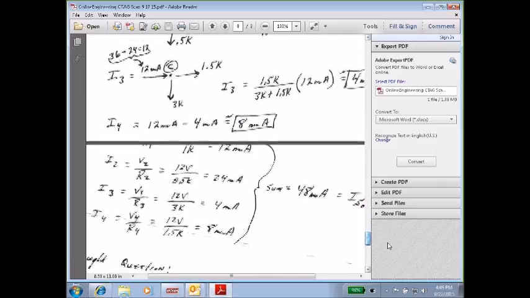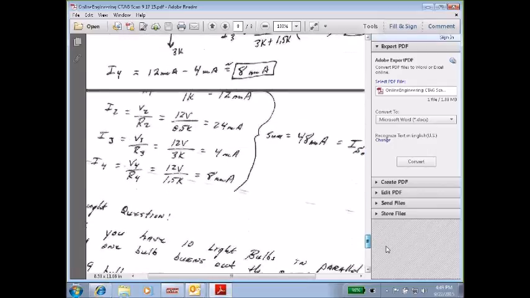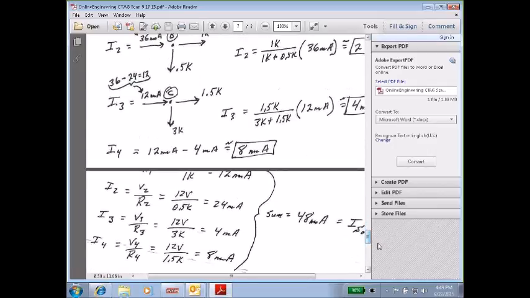Now, to check myself, and this last scan here is, as I went through the scanner, it got twisted just a little bit. The top should say I1 is equal to V1 over R1, and that comes out to be 12 milliamps, because it's 12 volts divided by 1K. I2 is V2 over R2, which is 12 volts divided by 0.5K, or 24 mils.